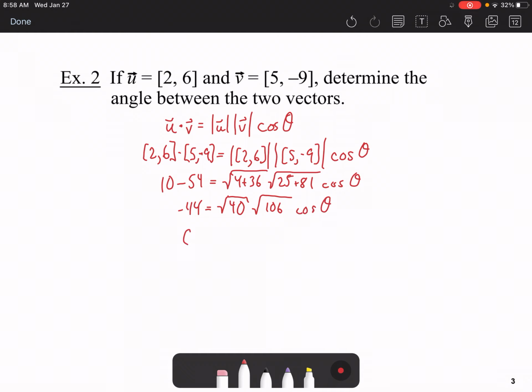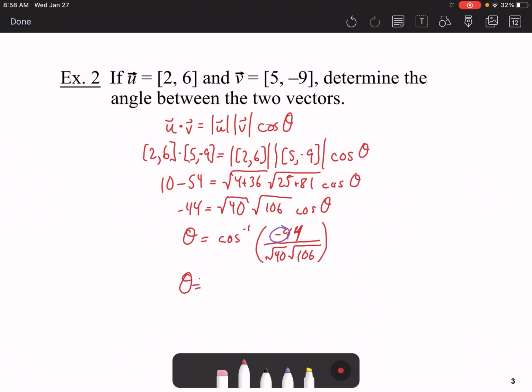So rearranging, theta is going to equal cosine inverse of negative 44 over square root of 40 times square root of 106. So now I use my calculator. Because this value is negative, it should tell you that the angle is going to be bigger than 90 degrees.